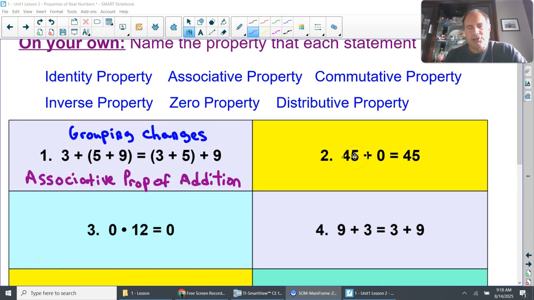And on to number 2, 45 plus 0 equals 45. So remember, we're starting with a number and we're ending with that same number. So we got 45 here, start, and ending with the same number.